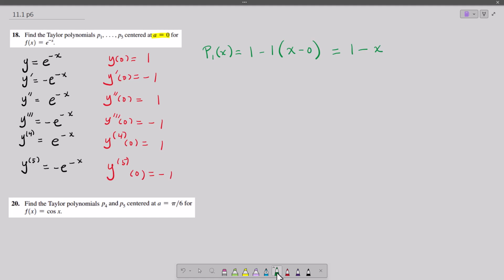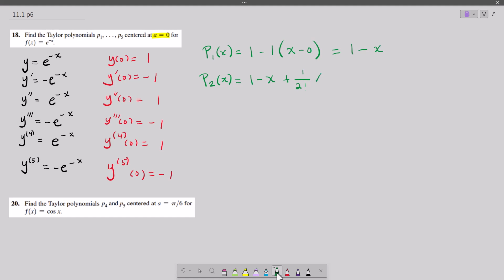And then P sub 2 of x is going to be P sub 1. So we still have that P sub 1 piece, but then we're going to add the second derivative, and here's where it gets a little funny. We have to take that second derivative value, and we did this last time with the quadratic approximation, we have to divide by 2 factorial now, which is just 2.